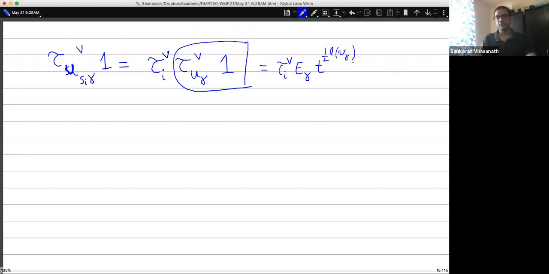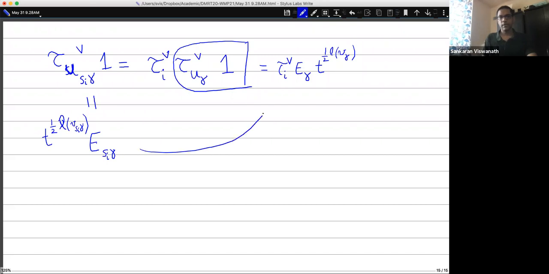That's the normalization factor which I should correct for. Now what's the left-hand side? That's again almost E of S_i gamma, except I need to correct for its normalization factor, which is T to the plus half length of V.